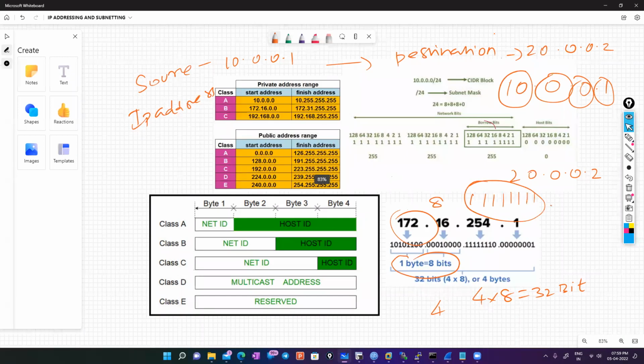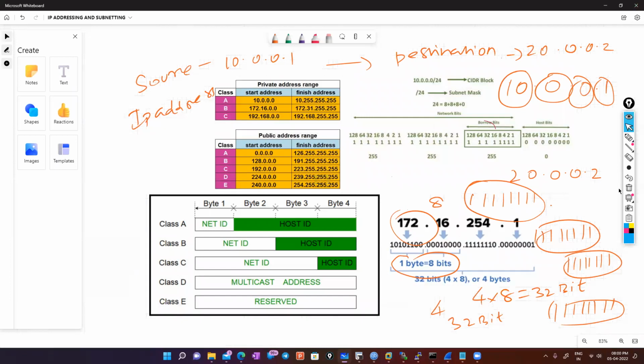This makes my first octet, followed by the second octet, 1 to 8, followed by the third octet, 1 to 8, then the last octet, the fourth octet, 1 to 8. So totally, if you count this, you'll get 32 bits.